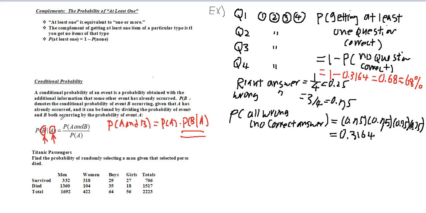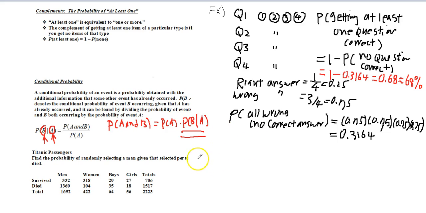Okay, so let's take a look at the example here. This is the Titanic problem that we did in class. We want to find the probability of randomly selecting a man given that the selected person died. So I'm going to write this using the problem set here.